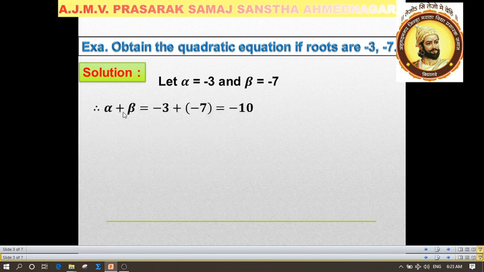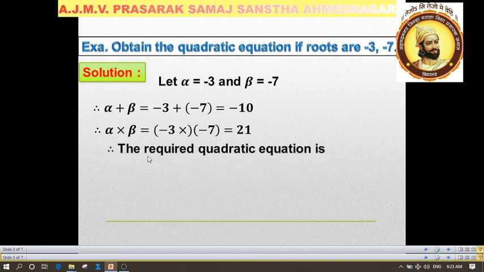First find alpha plus beta. Therefore alpha plus beta is equal to minus 3 plus minus 7, which is equal to minus 10. That is, the sum of roots is equal to minus 10. Alpha into beta is equal to minus 3 into minus 7 is equal to 21. It means that product of the roots is equal to 21.